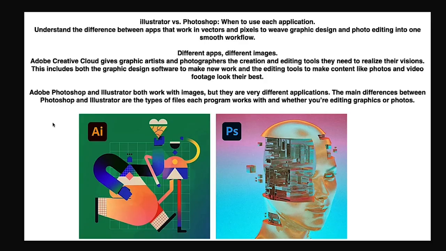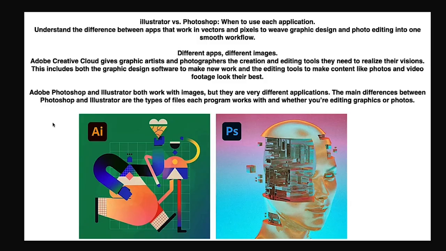And the difference is important to understand because a lot of what we can do in Adobe Illustrator, we can now do right inside of Photoshop. To understand the difference between these apps, well, one works in vectors and one works in pixels. And we'll explain what that means. Different apps, different images.